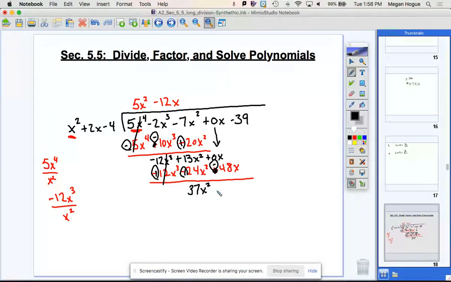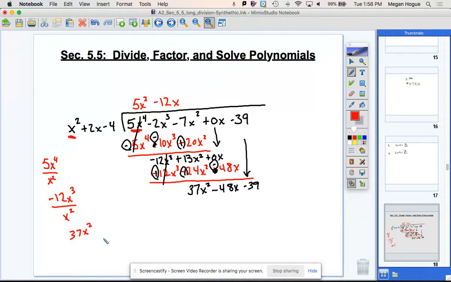37x squared minus 48x. Bring down minus 39. So first term now is 37x squared.